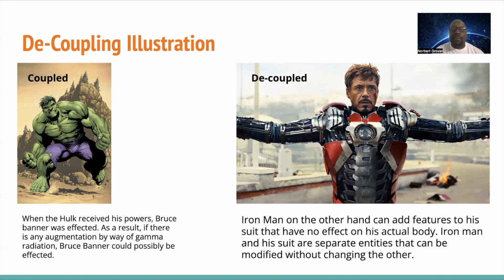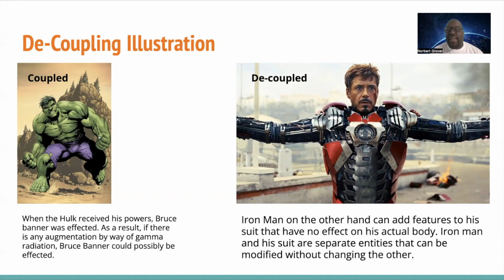So just say hypothetically, if you wanted to augment Bruce Banner's powers or the Hulk's powers, or maybe take something out using gamma radiation, you're going to affect Bruce Banner, right? You can't make any type of augmentation or change to the Hulk without affecting Bruce Banner. That's an example of his superpowers being coupled to him.